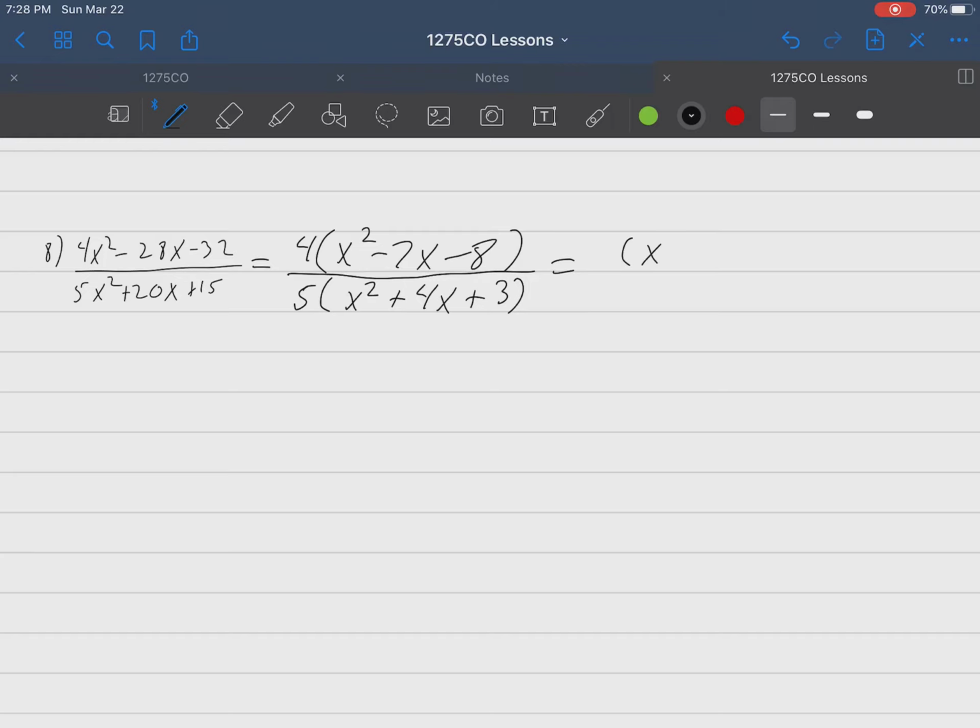So x squared minus 7x minus 8 is going to factor into x minus 8 and x plus 1. 4 is still out front. x squared plus 4x plus 3 factors into an x plus 3 and also an x plus 1, right? Because 1 times 3 is equal to 3, 1 plus 3 is equal to 4. That's why we are using these two factors here. 5 was in front before, and it stays in front right now.